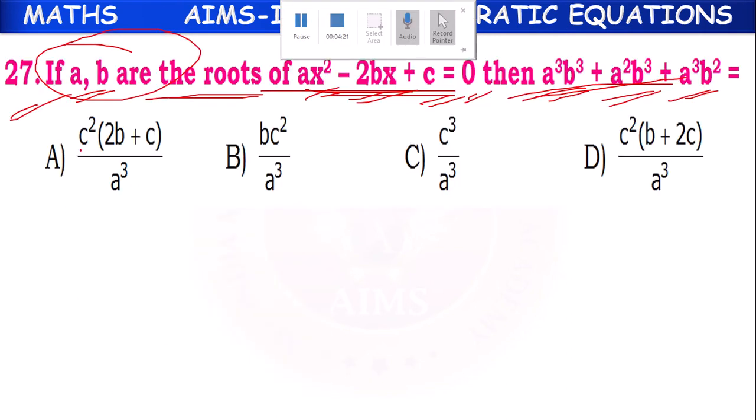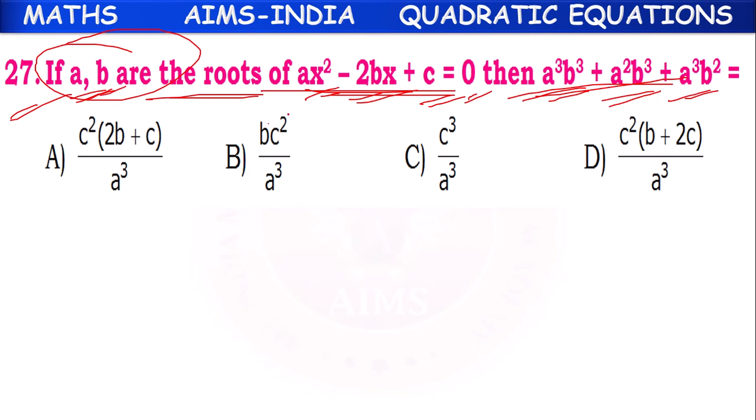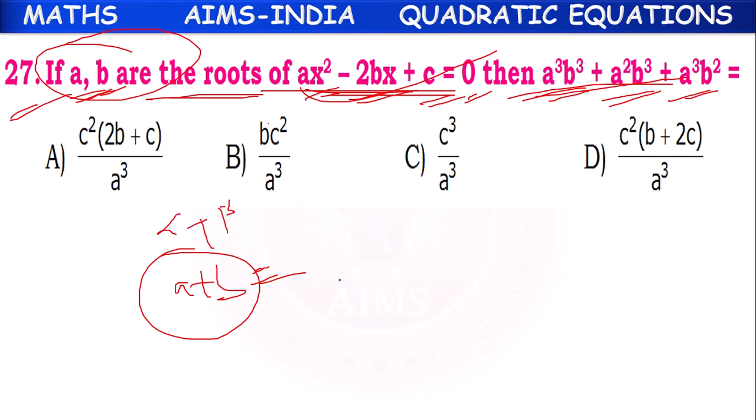Because a, b are the roots of this equation, the sum of roots, let's take them as alpha plus beta. Sum of roots equal to formula minus b by a, means minus coefficient of x, minus of minus 2b, by coefficient of x square, a.